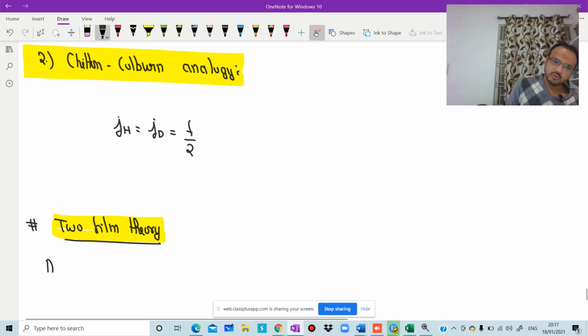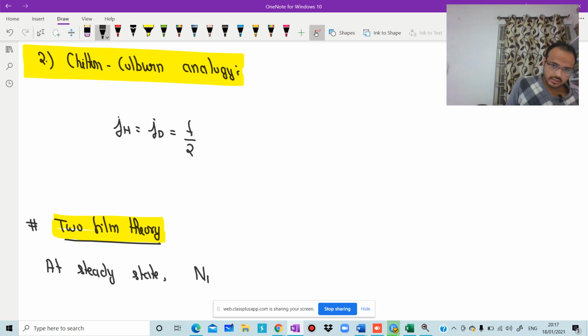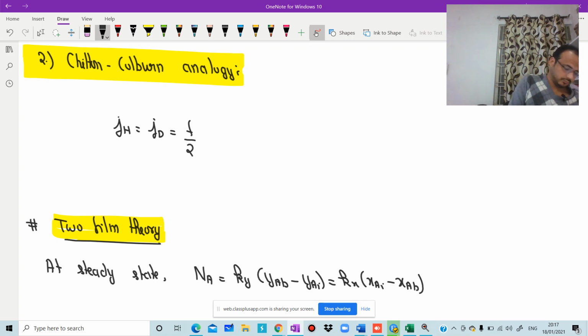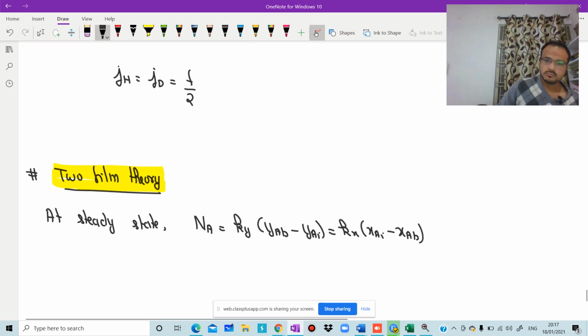In case of absorption, we know that at steady state, NA is equal to Ky into (YAB minus YAI), or Kx into (XAI minus XAB). XAB and YAB are bulk, and XAI and YAI are at the interface.